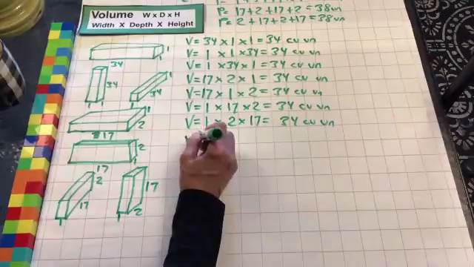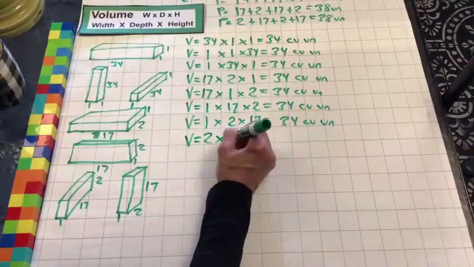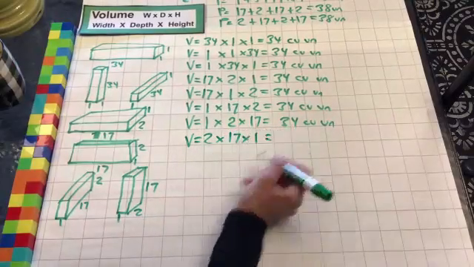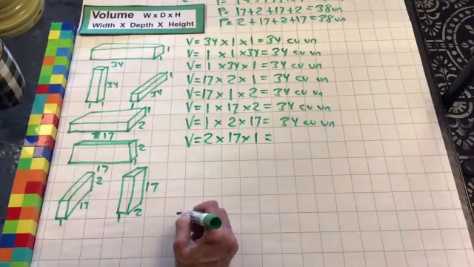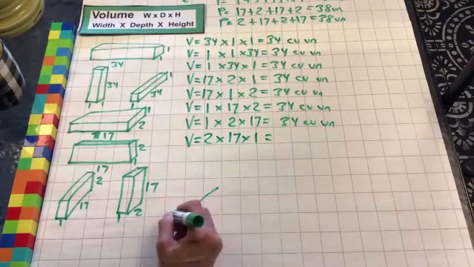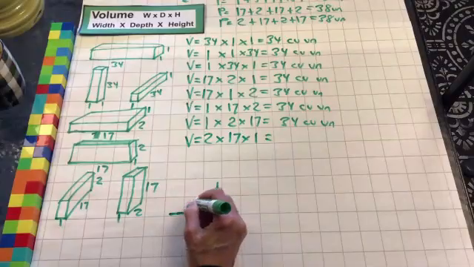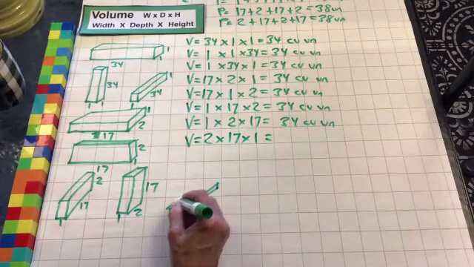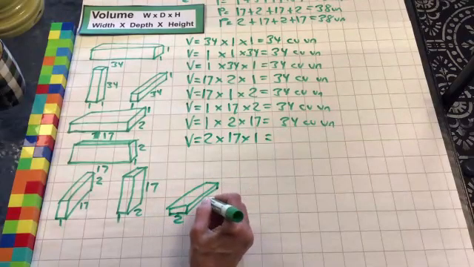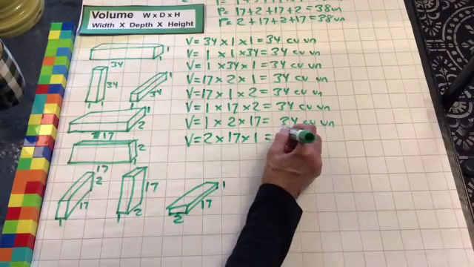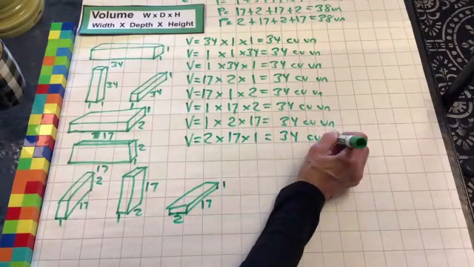All right, last but not least, let's put the 2 first. 2 by 17 by 1. That would look like this, 2 by 17 by 1. 2 by 17 by 1 equals 34 cubic units.